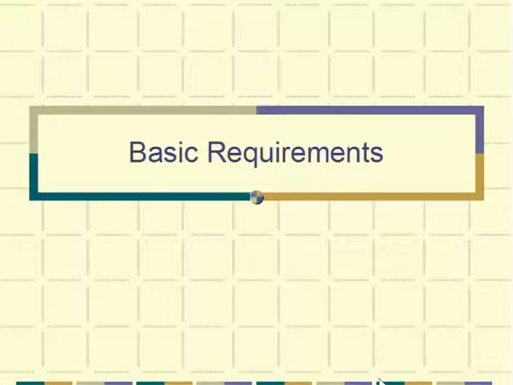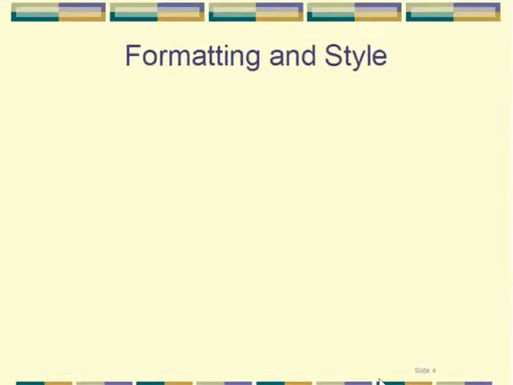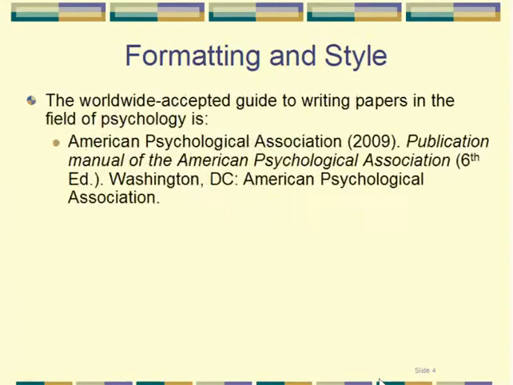Let's start then with the basic requirements. Formatting and style. The worldwide accepted guide to writing papers in the field of psychology is the 2009 Publication Manual of the American Psychological Association.